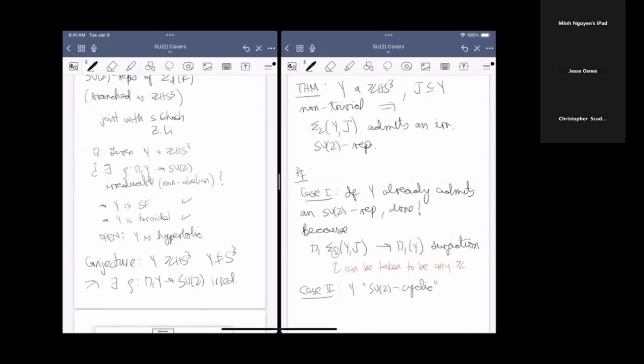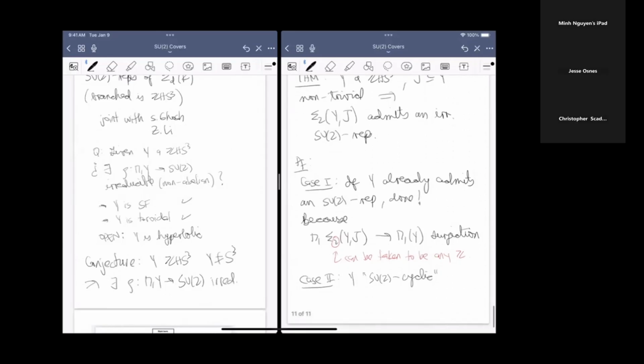So for case 2, I am assuming that I'm working with something that is conjectural. If we believe the conjecture, then I'm only saying Y is S3. But because we haven't proven the conjecture, I have to consider this case.